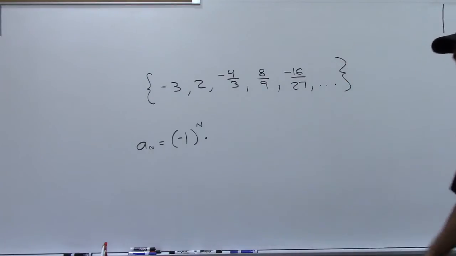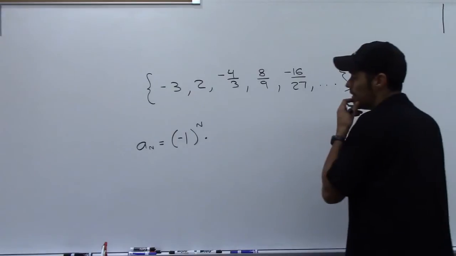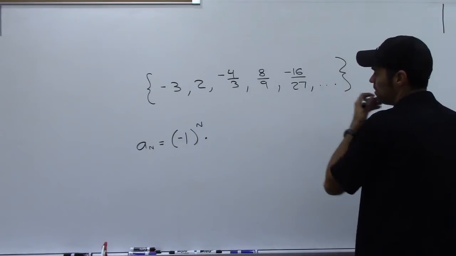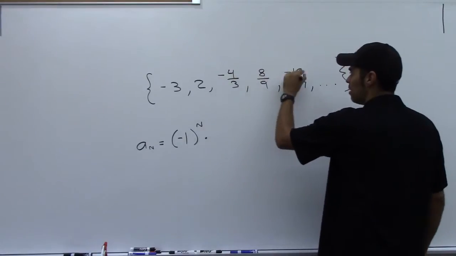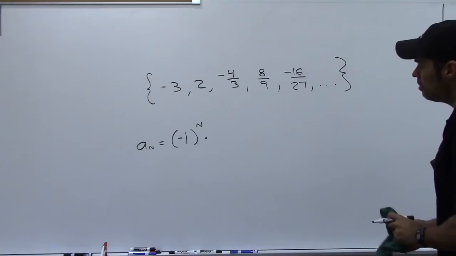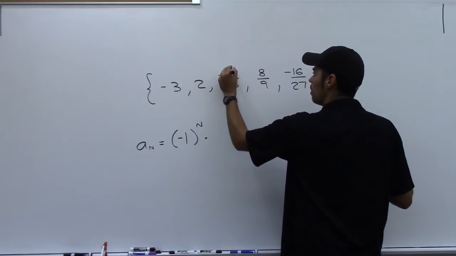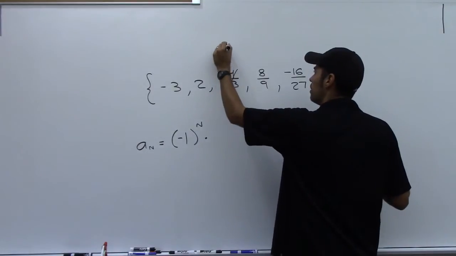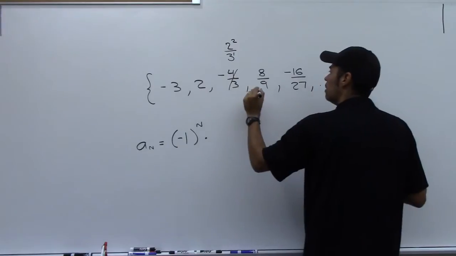And then I'm going to focus on the numbers. The first two numbers are kind of tough to see what's going on here, so I'm going to look at these fractions instead. I'm going to try and come up with a way of generating the numbers on top and then a way of generating the numbers on the bottom. So it looks to me that this 4/3 can be written as 2 squared over 3 to the first power.